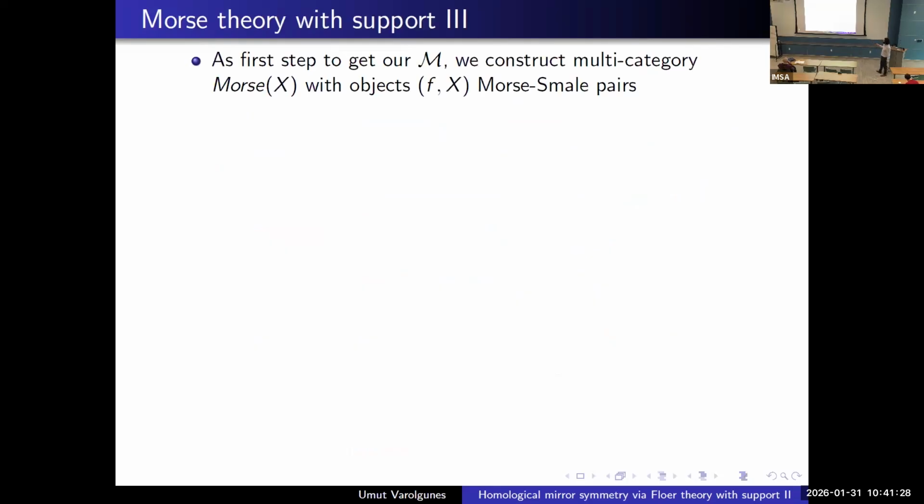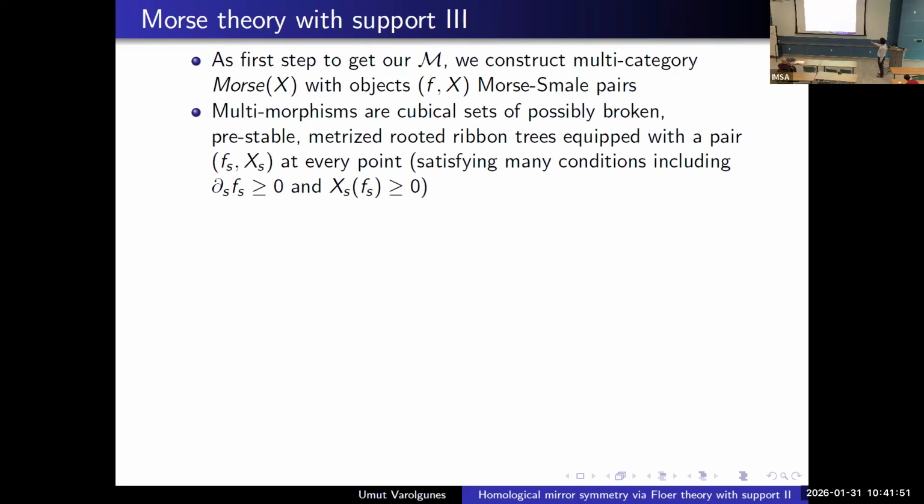So now let's construct this M in the Morse category, the Morse homology case. In Morse theory with support, I want to construct a multicategory Morse X whose objects are Morse pairs, a function and a gradient-like vector field for that function.